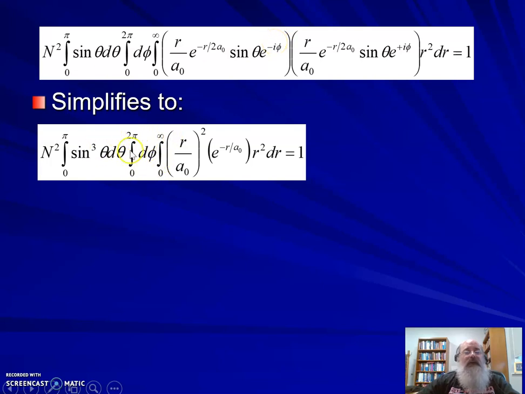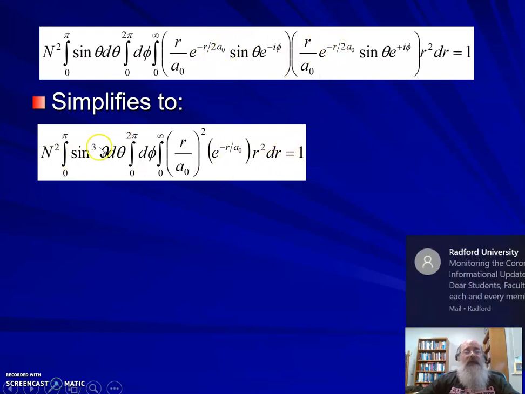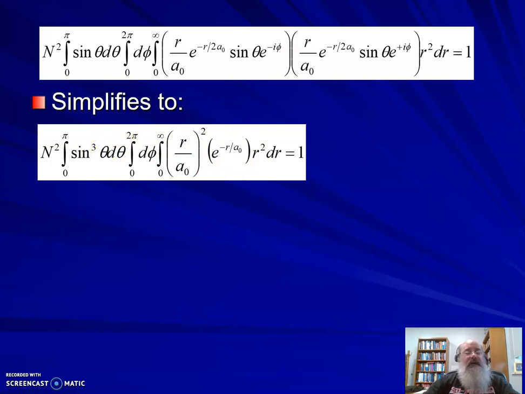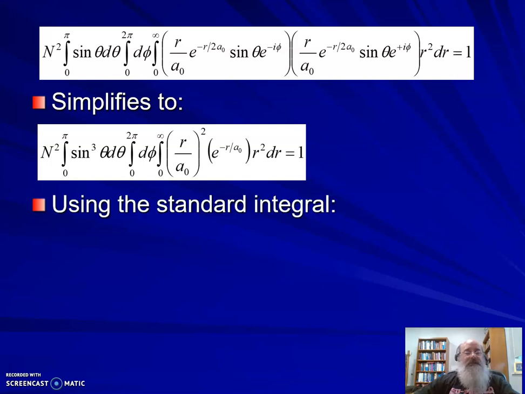So the phi term is just d phi. And then we square the radial portion, so we get r squared over a0 squared. And we get, instead of over 2a0, over a0, because again we're adding these exponents. And all this is set equal to 1. And then we just have this mathematics to do to solve for n.